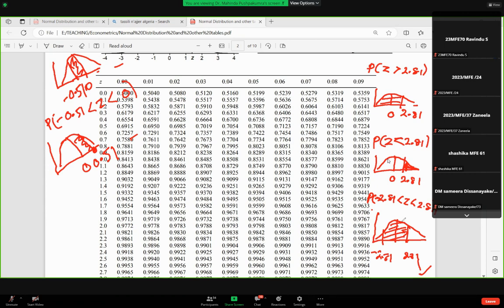How to find the answer for this one? Yes, who can explain the answer?